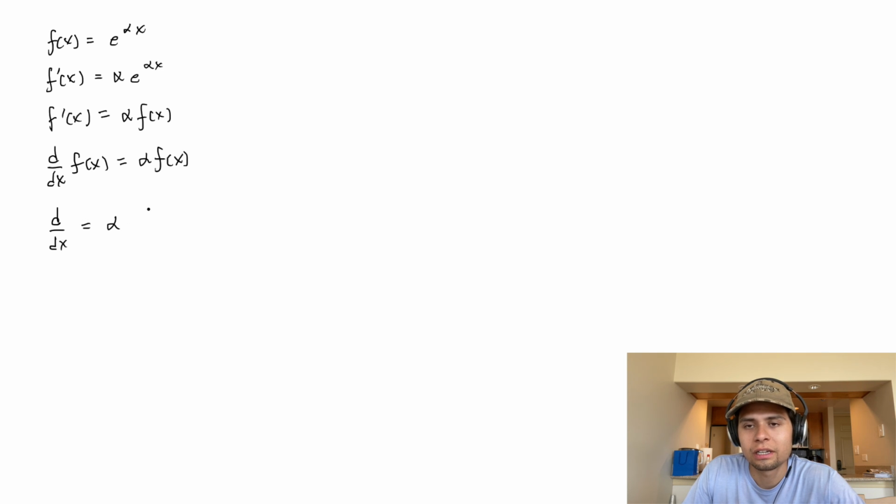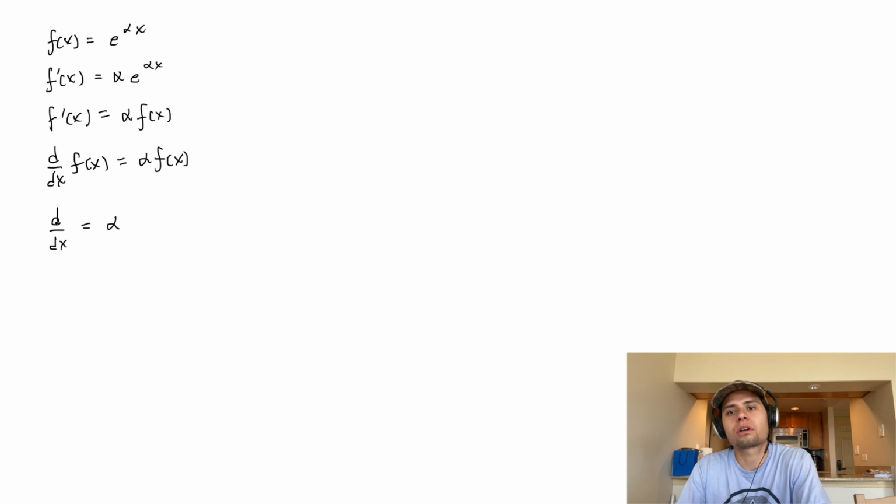But what this enables us to see is that merely multiplying an exponential by this constant, whatever we have here in front of the argument, we can get some information on what the derivative is like.